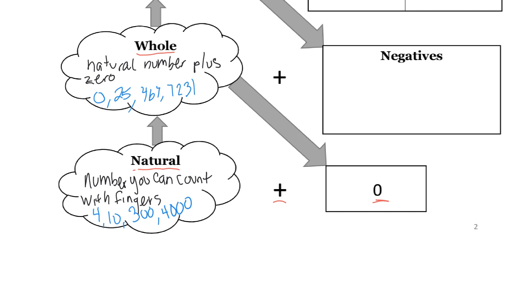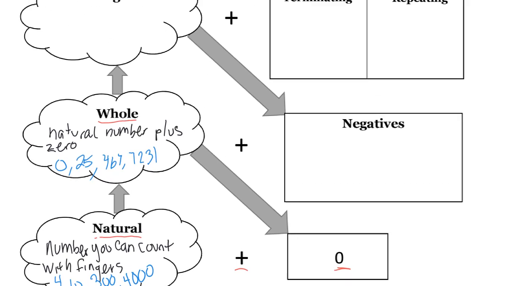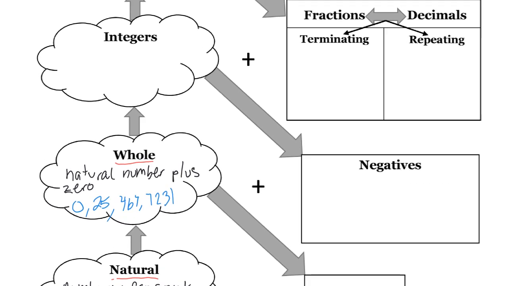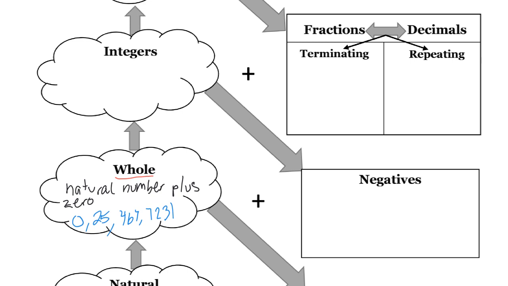All right. Let's scroll up a little bit to integers. Integers are whole numbers plus negative numbers. So let's remind ourselves what negative numbers are. Negative numbers are things like -10, -6.